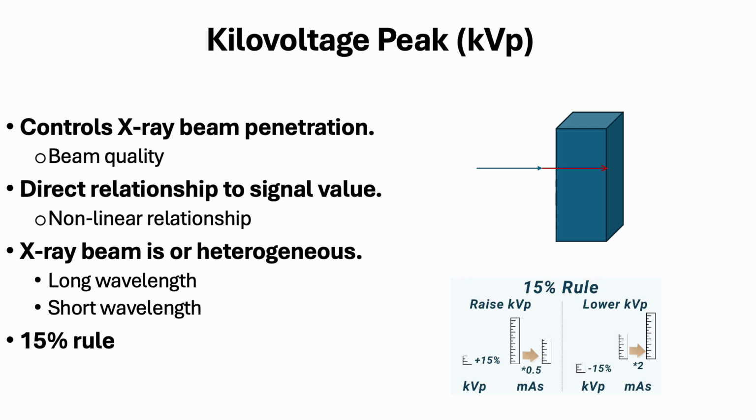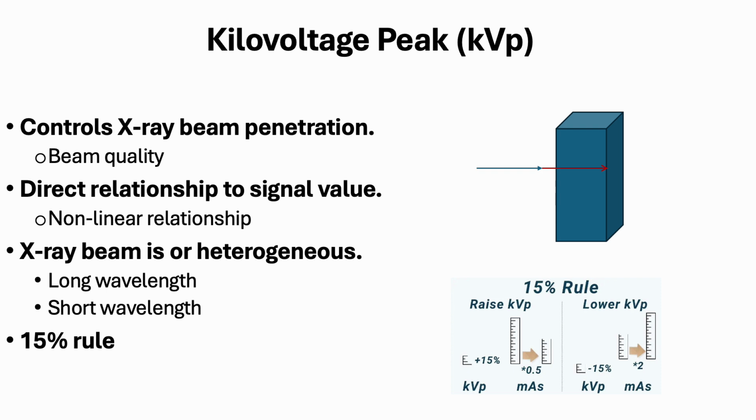So when you did the whole example of the 75 at 50, if you decrease, you increase the other side. Yes, exactly. It reverses. So every time I decrease my kVp by 15%, I have to increase my mAs by 50%.